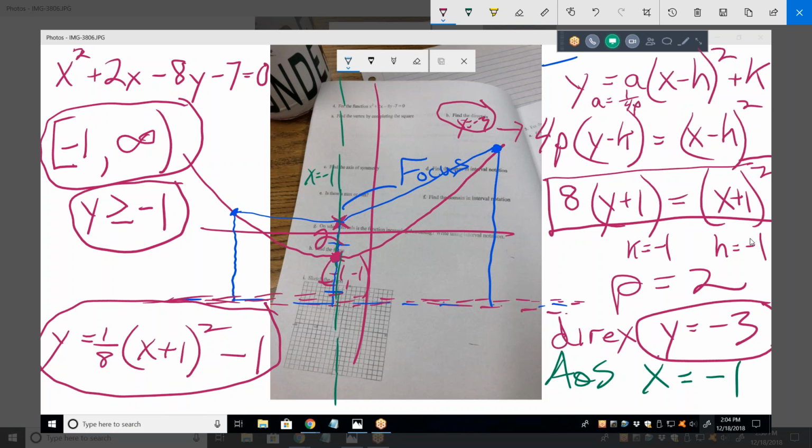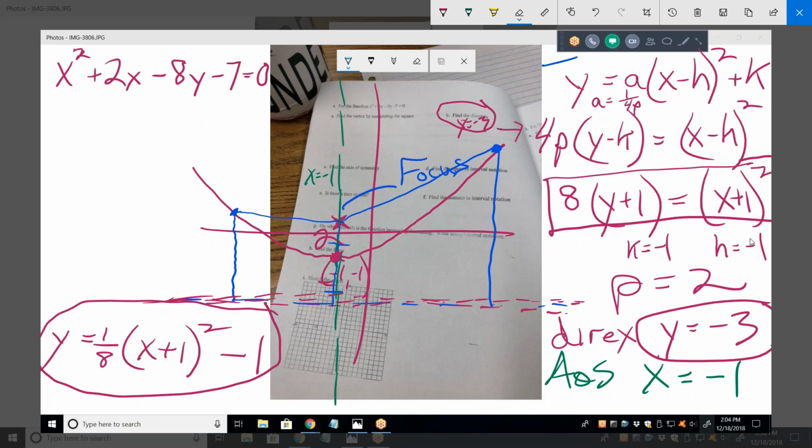So first of all, I say, is there a maximum or a minimum? The answer to that: there's a minimum. Yes, the answer is yes, there is a maximum or a minimum. Not all functions have a maximum or a minimum. In other words, if I draw this, it does not have a maximum.